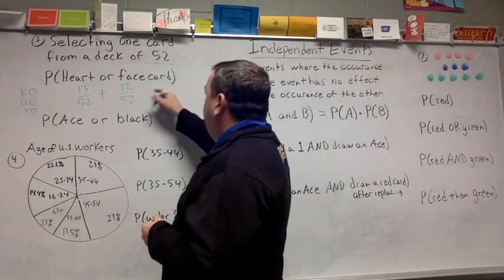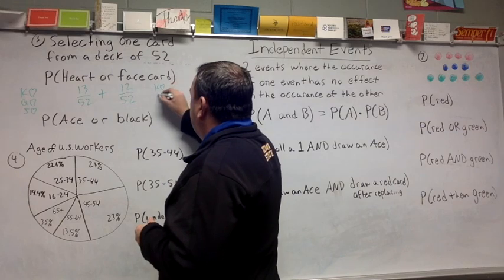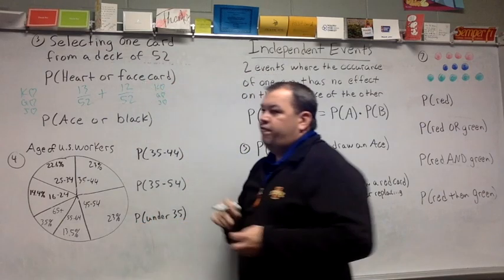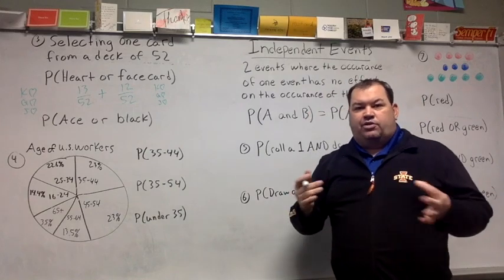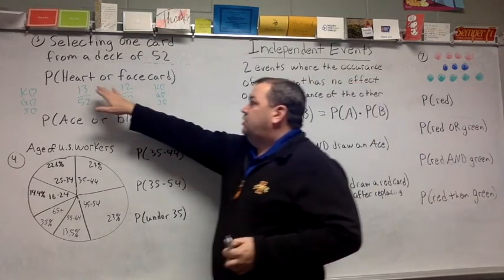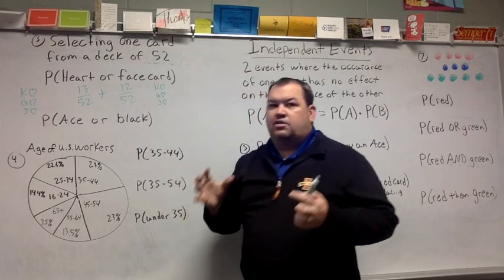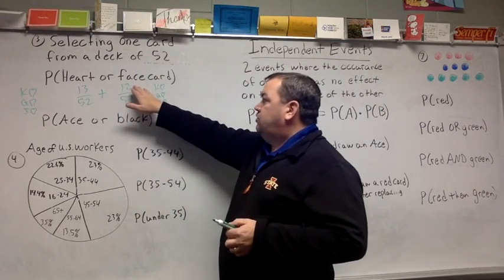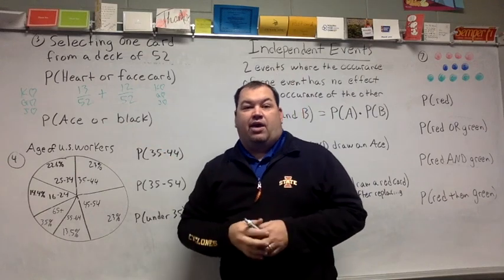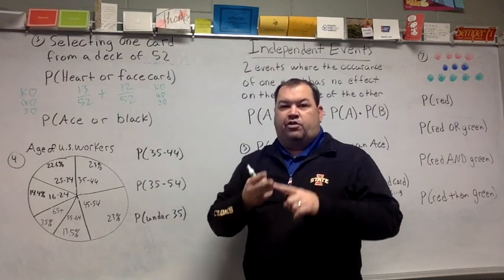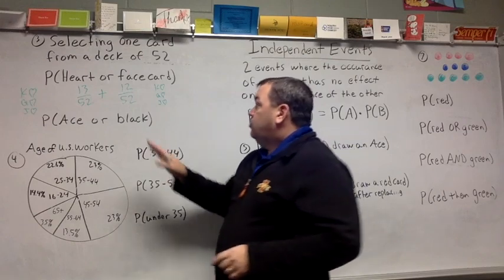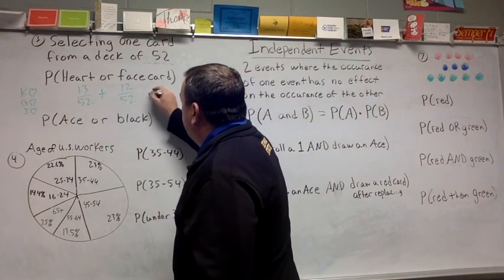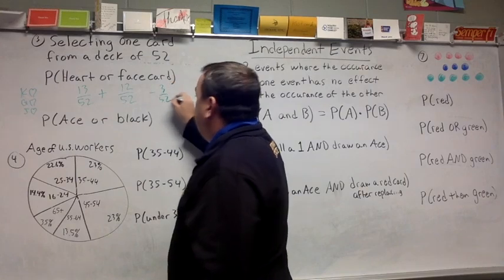Over here, I counted the king of hearts, the queen of hearts, and the jack of hearts because they are face cards. So I counted things twice. Hearts and face cards are not mutually exclusive. So I can't just add 13 and 12. I'm going to have too many. I counted the king of hearts, queen of hearts, and jack of hearts twice. So I'm going to take this calculation and I'm going to subtract off those 3 repeats.